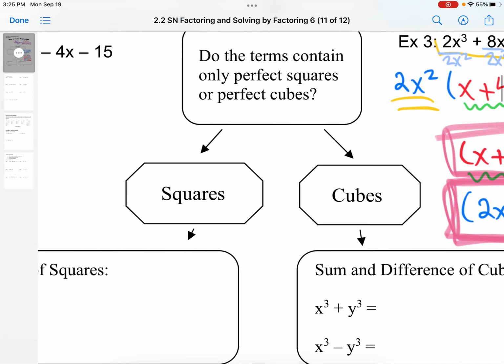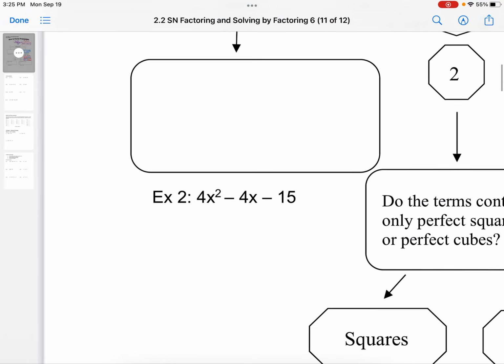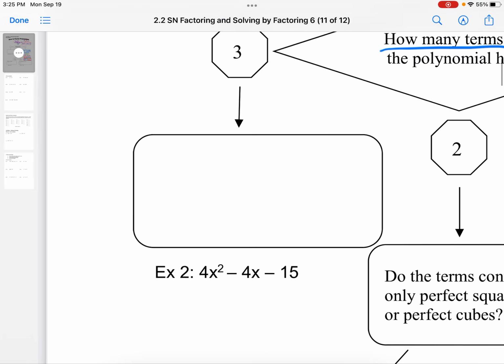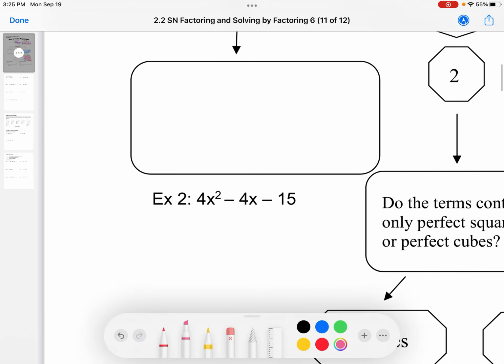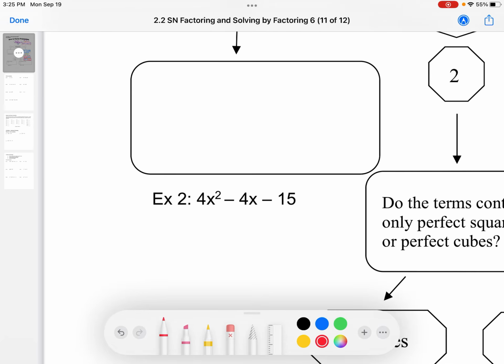Now, we use this method for factoring 4 terms in order to help us factor things with 3 terms. So let's go back over here to the right and let's go to 3 terms. When we have 3 terms, we are looking at problems in the form ax squared plus bx plus c. What we want to do is find the magic numbers.